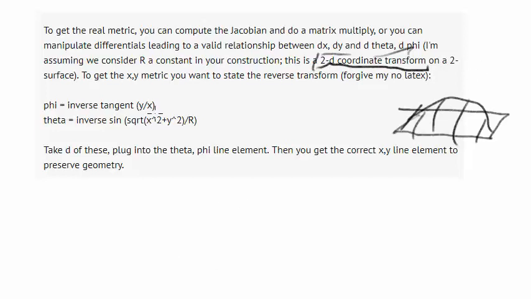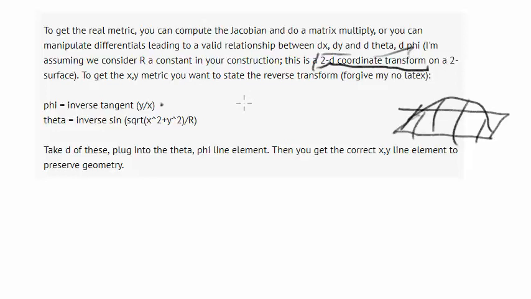And then phi equals inverse tangent of y over x. That's not wrong. Or is it y over x? Theta equals inverse sine square root of x squared. Yeah, I've been using arctangent.